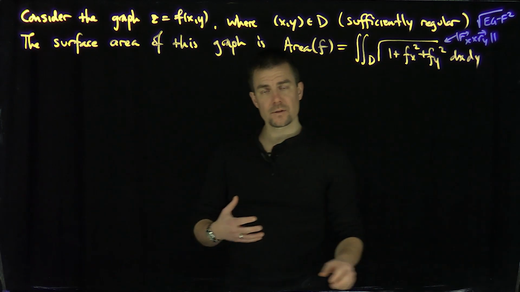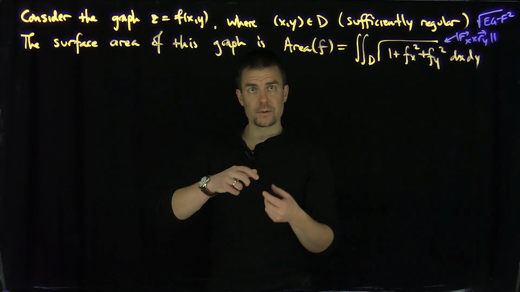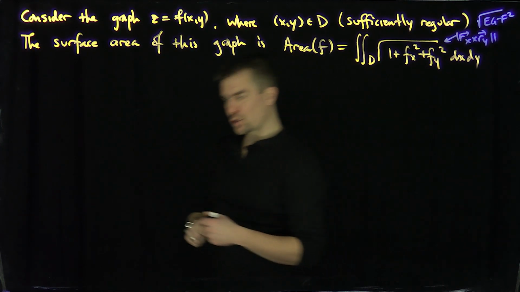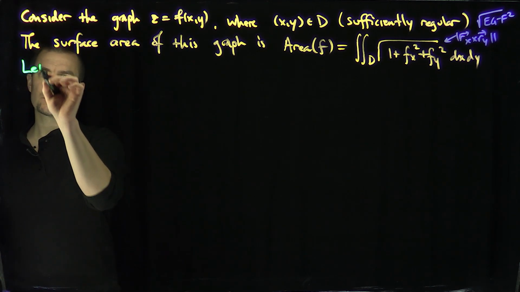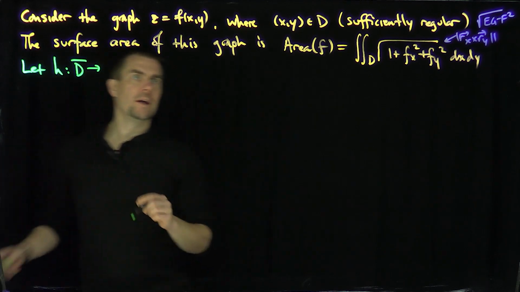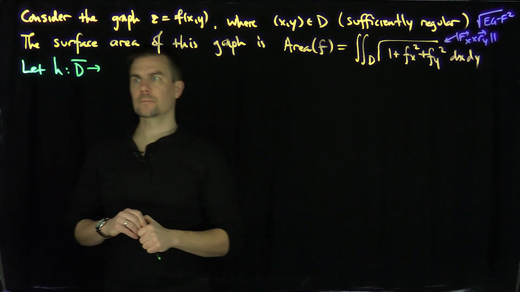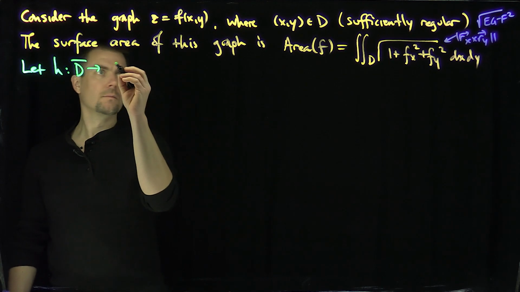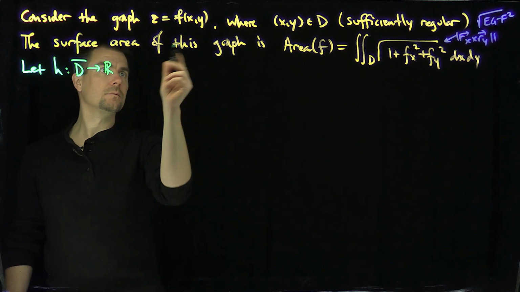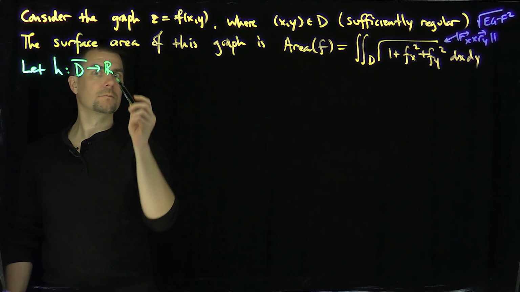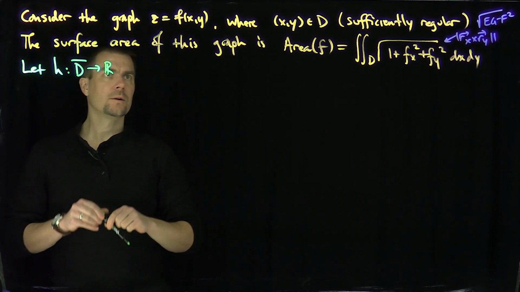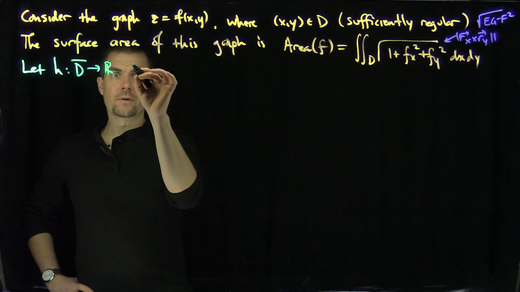Now I'm going to ask the following question. Among all surfaces, I'm going to find a function that vanishes on the boundary. So let h map the closure of this set into R, a real valued function, which is continuously differentiable.